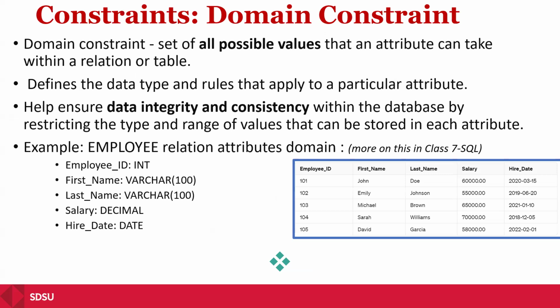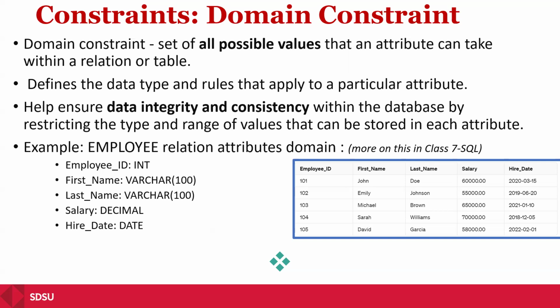Right. So now for the domain constraints, we're going to use specific data types that describe data stored in a specific table. The domain constraint is table metadata. If you remember when we talked about metadata, metadata is data about data. So the domain constraint is a set of all possible values that specific attributes can have.